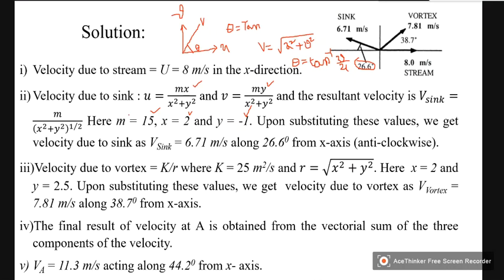So that is why you calculate u separately and v separately and substitute to get this v, which is this value, and this is the angle.